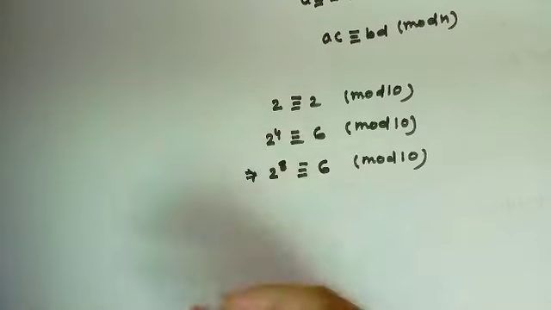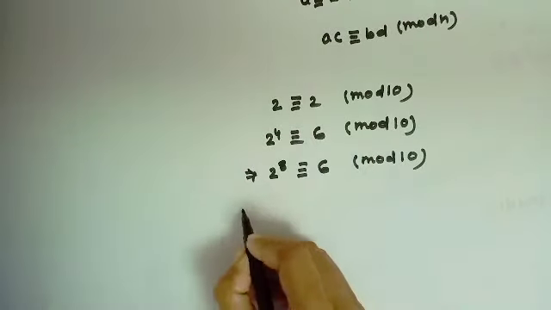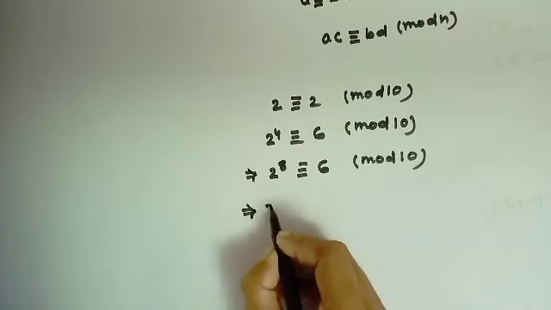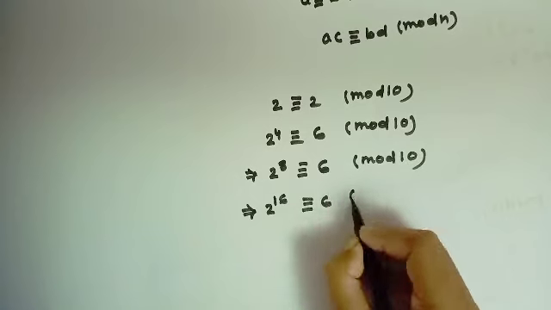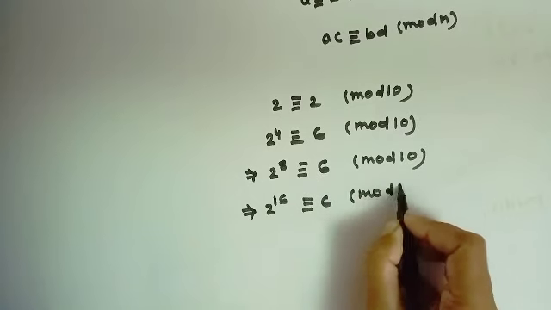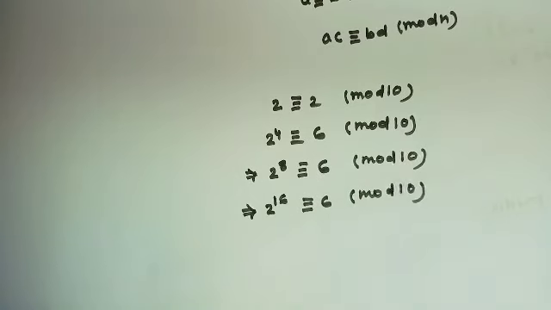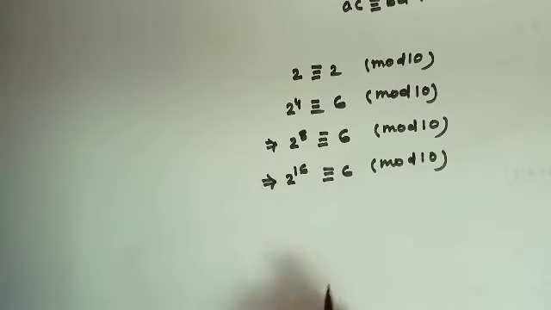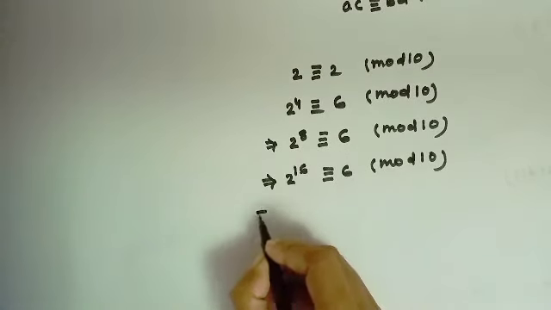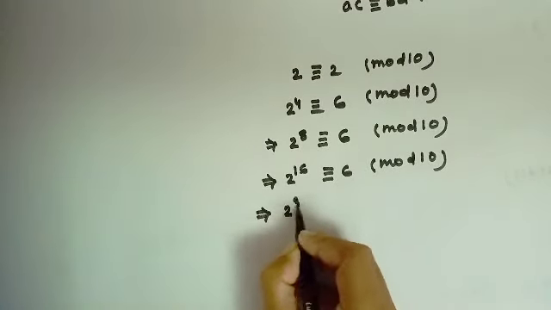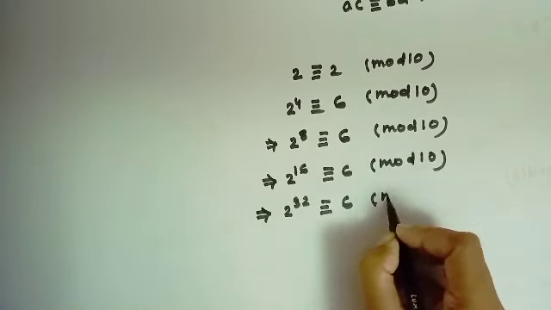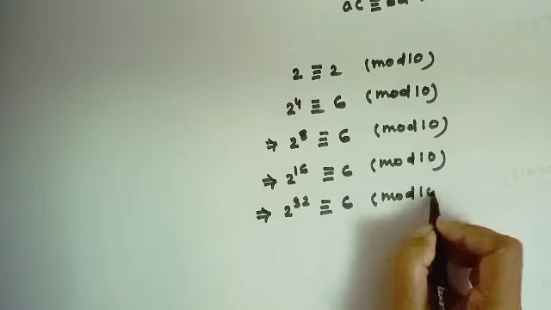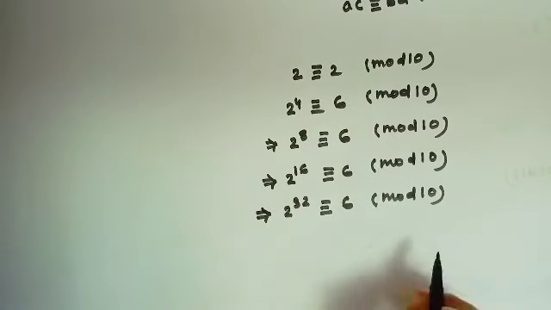If we again apply square, then 2 to the power 16 is congruent to 6 modulo 10. Then 2 to the power 32 is congruent to 6 modulo 10 if you square both sides.